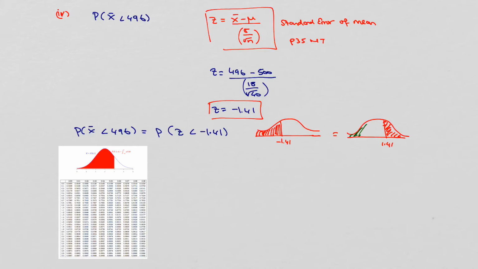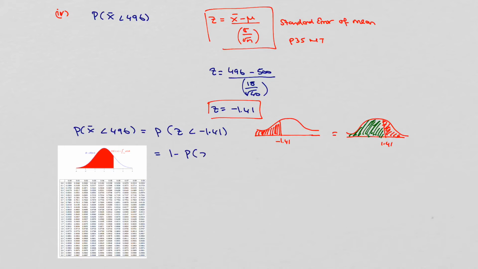So if I look at less than 1.41, well, less than 1.41 plus the red area must equal 1, and therefore if I get less than 1.41 and subtract it from 1, I will get the red area. In other words, finding the probability that z is less than minus 1.41 is the same as getting 1 minus the probability that z is less than 1.41.